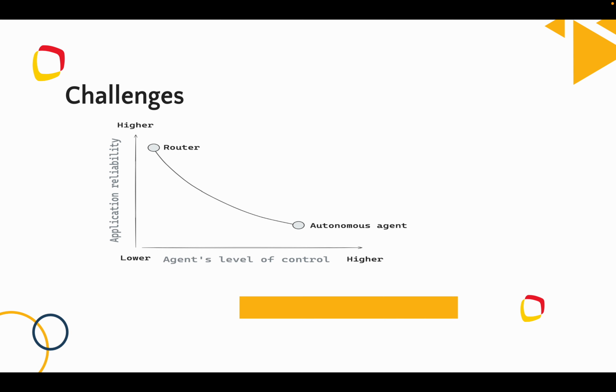The major challenge is that since the level of control over autonomous agents is very low, obviously its reliability is very low. The application reliability is very low, because we don't know how they are going to execute. The LLM may sometimes take wrong decisions, and we will get a wrong output. But in the case of a router, the application reliability is very high compared with autonomous agents.